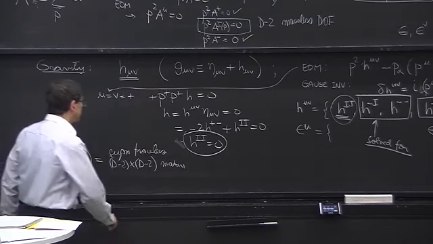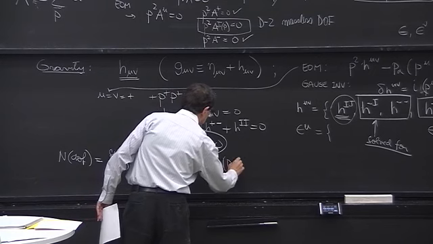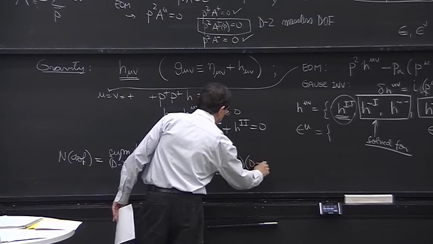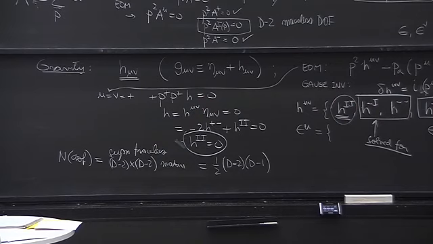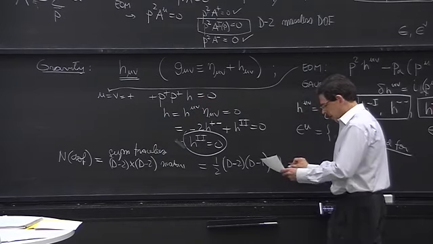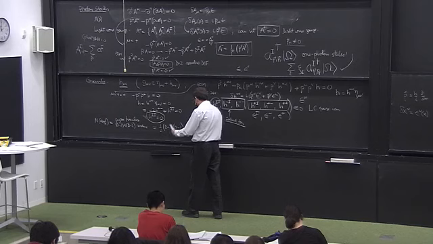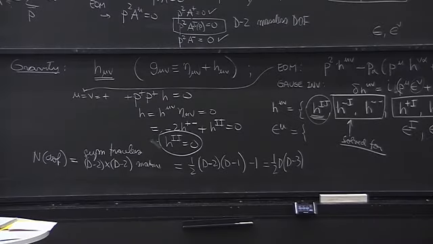So how much is that? Well, this is 1/2 d minus 2 times d minus 1. That's the size of a symmetric d minus 2 times d minus 2 matrix, minus the trace is 1. That gives you the formula 1/2 d times d minus 3 is the number of degrees of freedom of gravity in any number of dimensions.